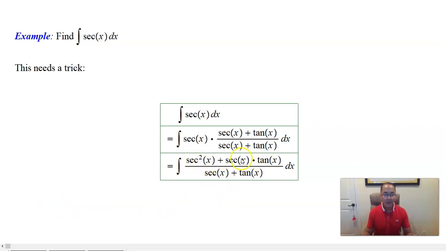Why is this good? Because the derivative of secant is secant tangent, and the derivative of tangent is secant squared, right?